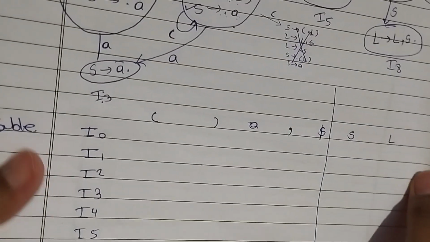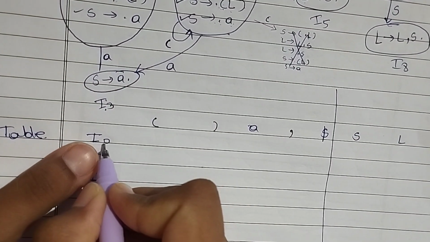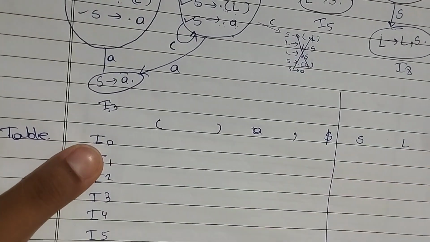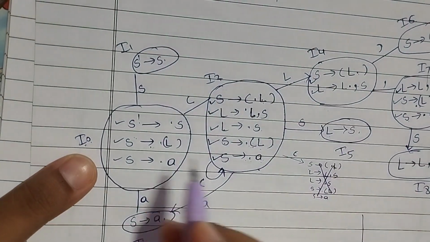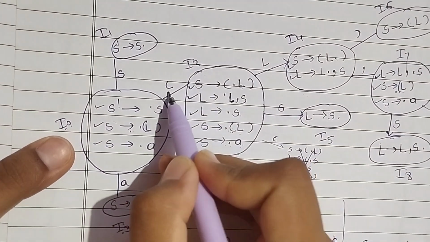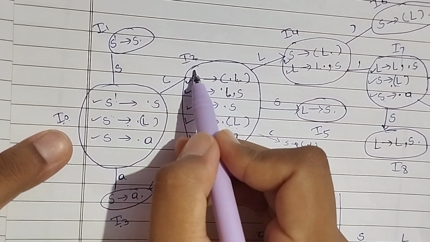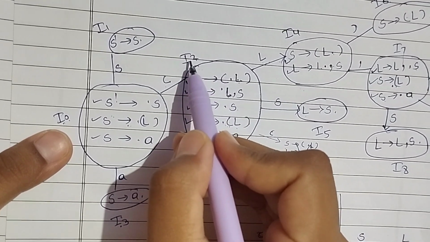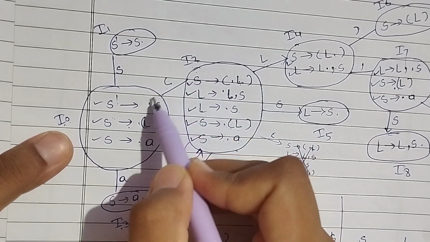Now we check one by one and complete everything. In the I0 state, for the opening bracket, where do we move? I0 on the opening bracket moves to I2. This is not the acceptance state, so instead of I2 we write S2, because it is a shift: we shift this bracket to I2.